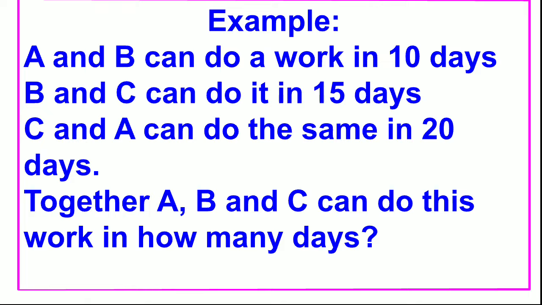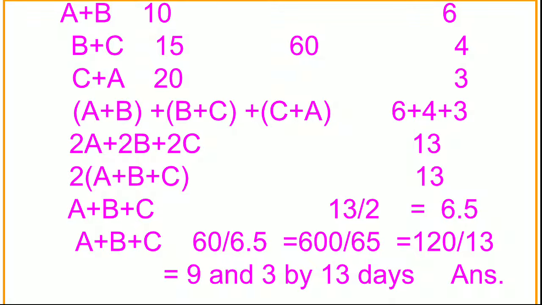Here this is the same question which was shown a few seconds before. I have taken it again to show it clearly, and the further explanation of the same is shown in this next slide also.